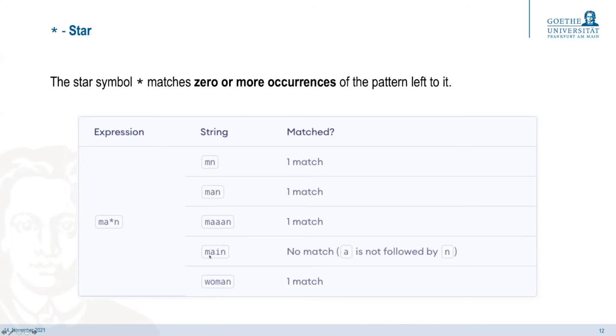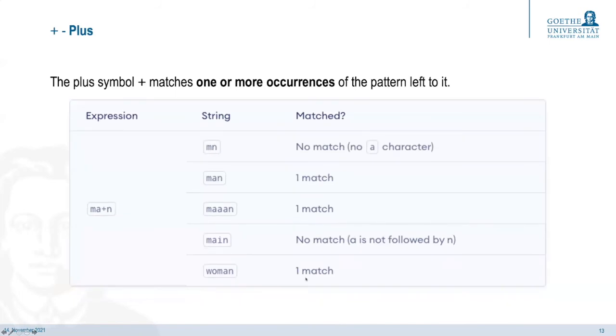But in the word main, we have no match because the letter A is not followed by the letter N. And finally, in the word woman, we have a match. The plus sign is similar to the previous one, but in this case, the occurrence has to be at least 1 instead of at least 0. The pattern must occur at least 1 time.